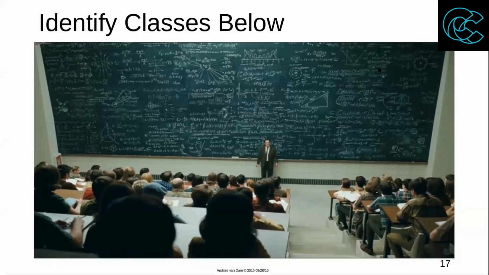Okay, so these are good. I'm looking at the chat window and I see lots of good nouns and things that can be taken as classes. I'll talk about a few of them. Obviously you can see an instructor here. The instructor can be a class.